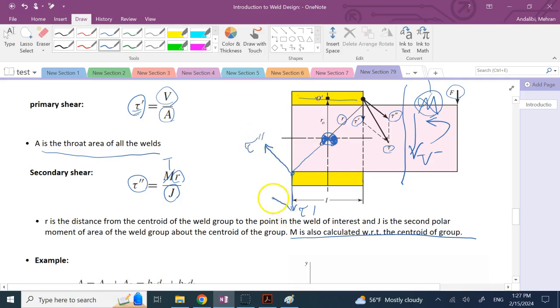And in this case, the summation, if you look at it, is going to be this resultant, which might be smaller than this one. So the smaller the angle between tau prime and tau double prime at any point, that is the point with the maximum resultant vector tau that you need to compare against tau allowed.